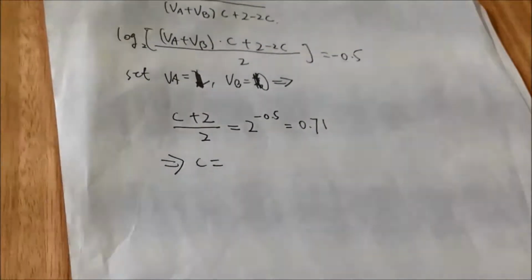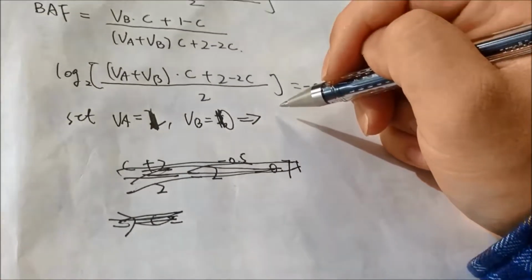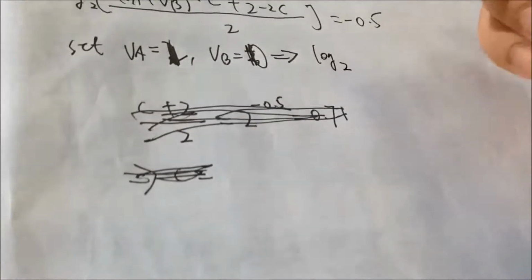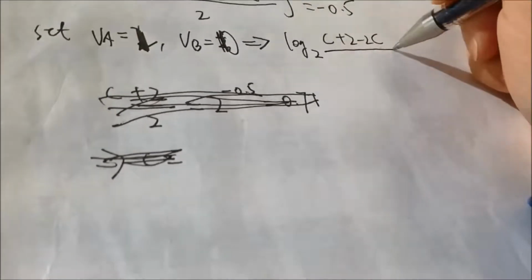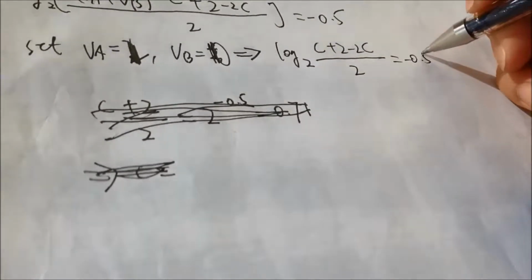You can try the other way around, but it will give you different B allele frequencies, as we can show later. Under this setting, we get log2 of (C plus 2 minus 2C) by 2 is minus 0.5.